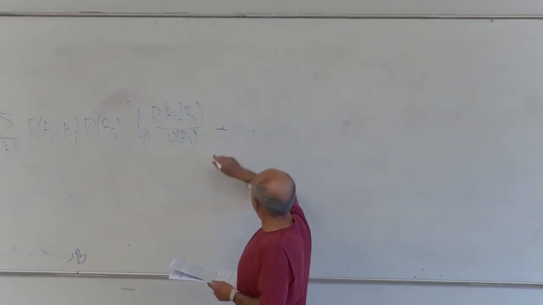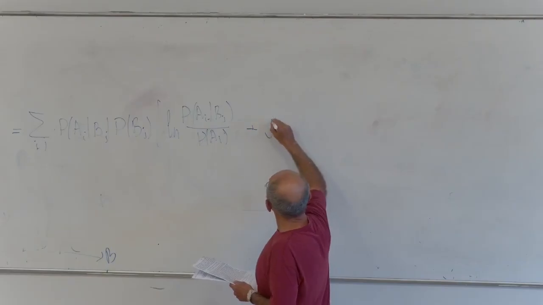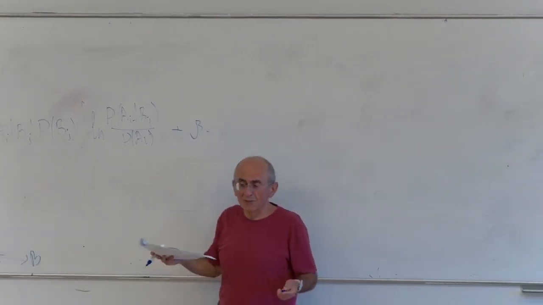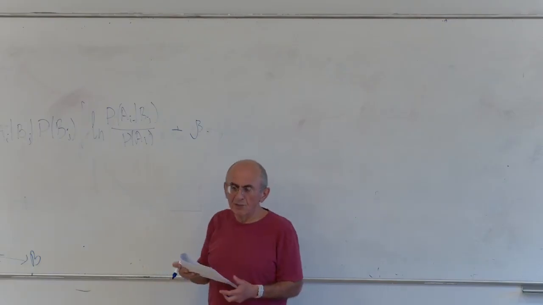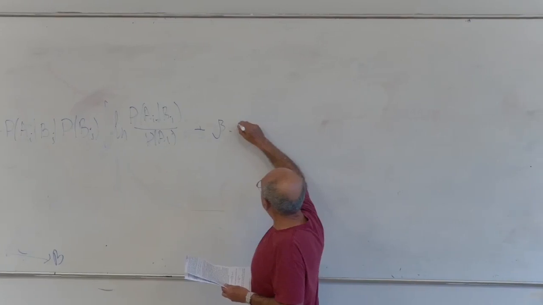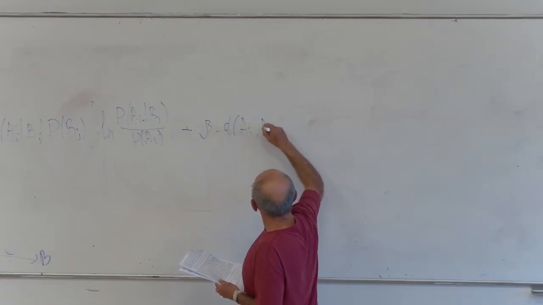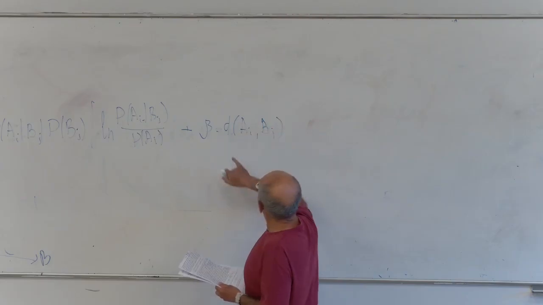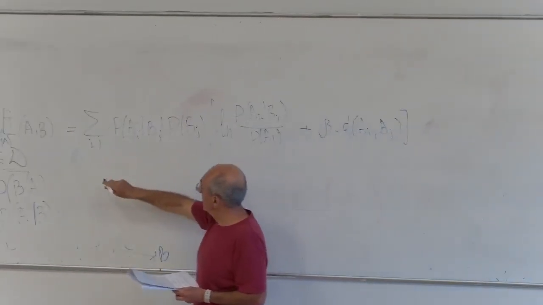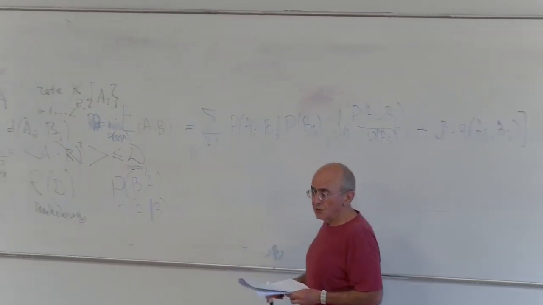And now I also need to add to it an unknown Lagrangian coefficient beta, and even AI people usually call it beta because it came from the inverse temperature in physics. And what stands here is d of a_i and b_j. So when I sum this, this would be exactly my mean value of distortion, right?